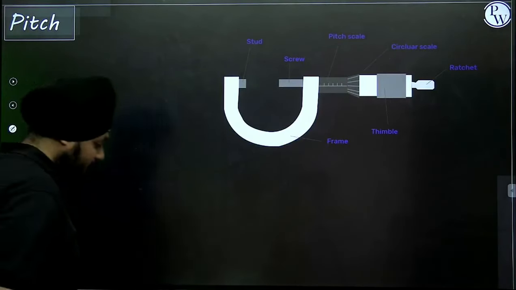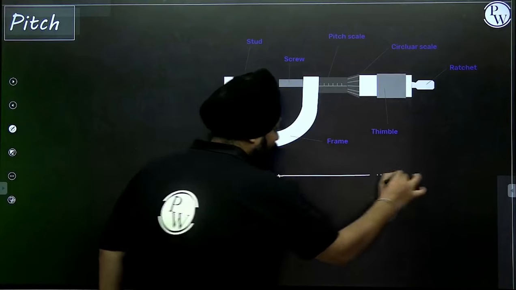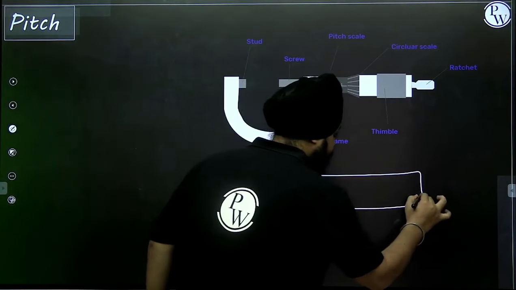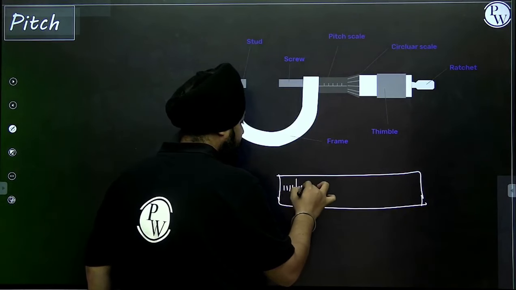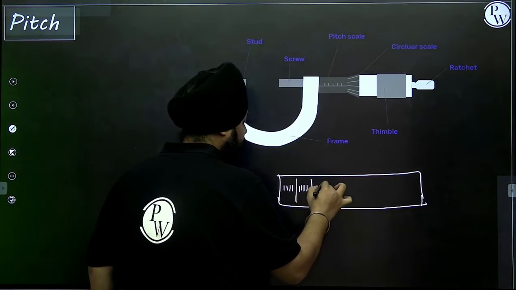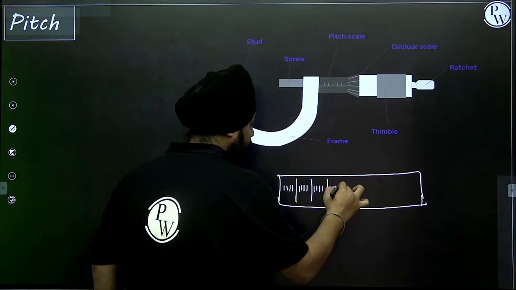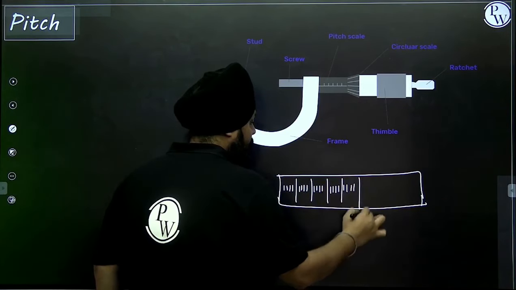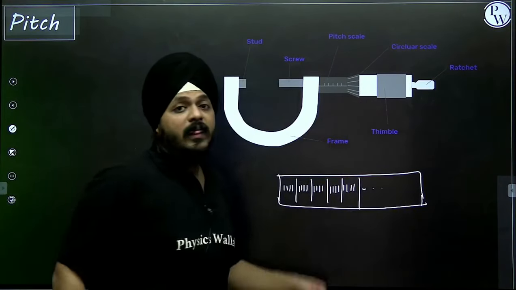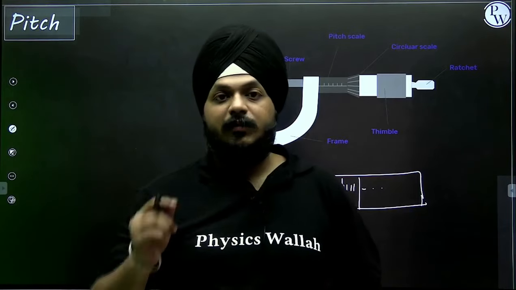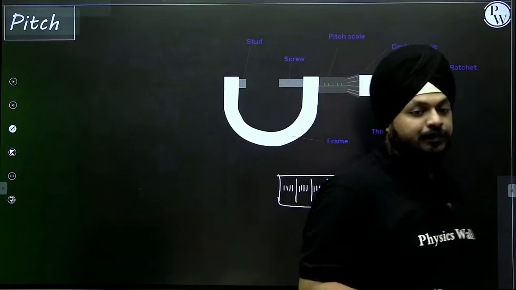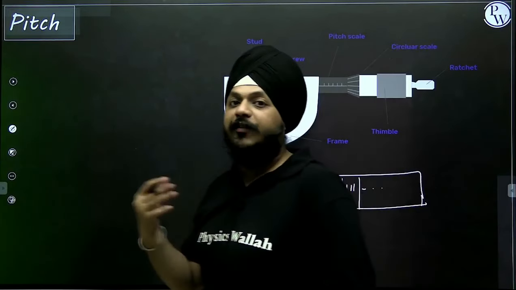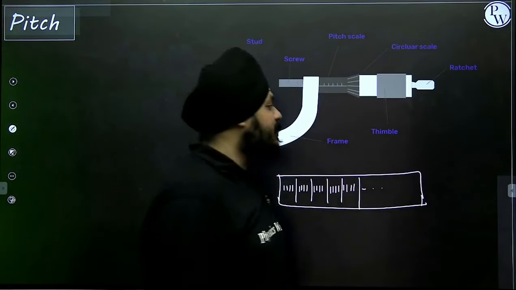Pitch. If I'm talking about the main scale, what is a pitch? What is the least count? If we want to define this stuff, how can we define it? Suppose we take an example.